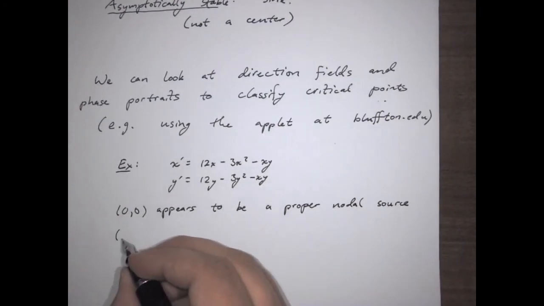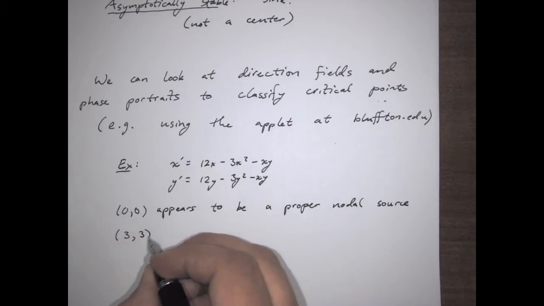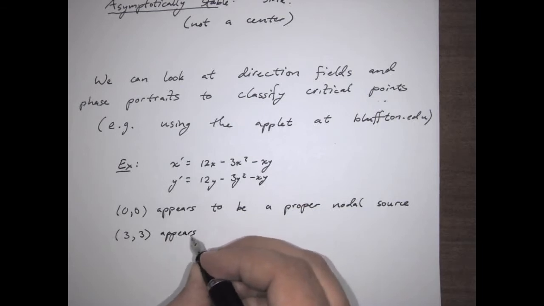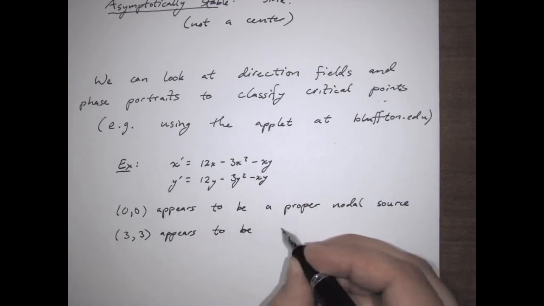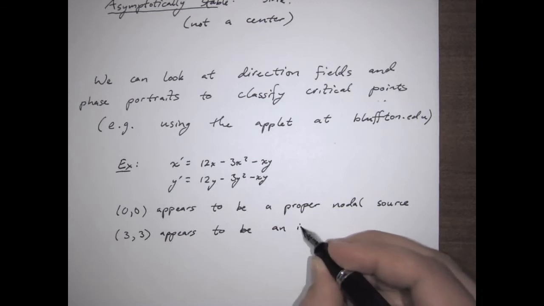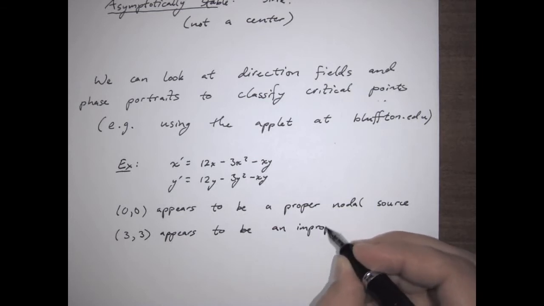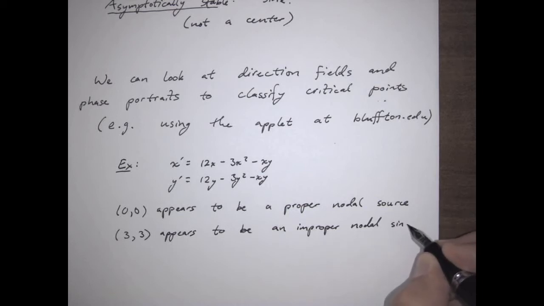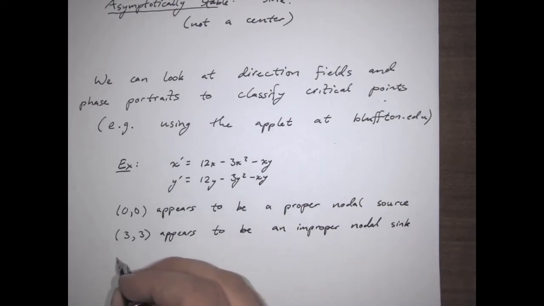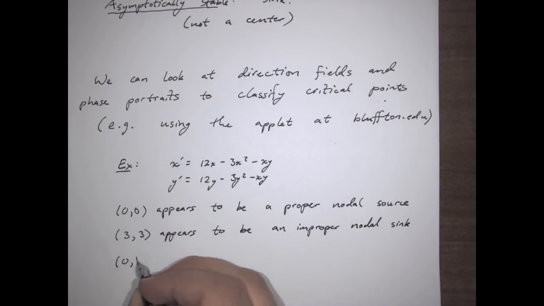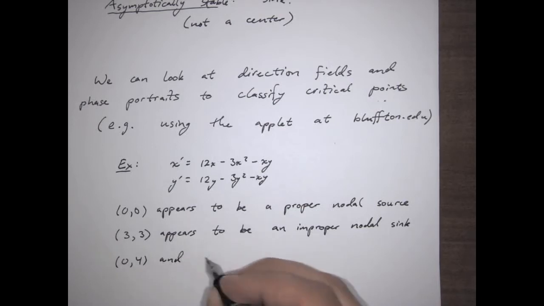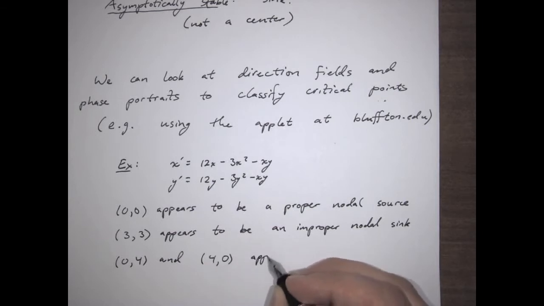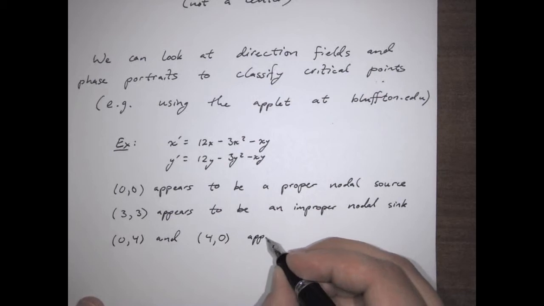And then (3, 3) appears to be an improper nodal sink. And then (0, 4) and (4, 0), those both appear to be saddle points.